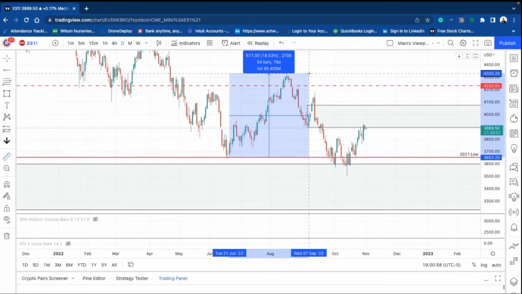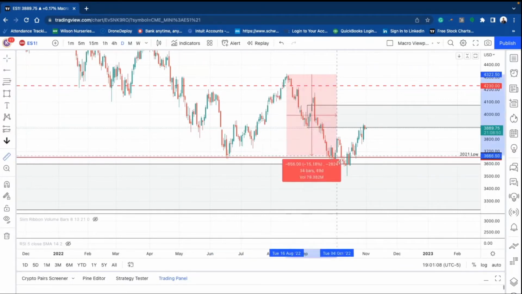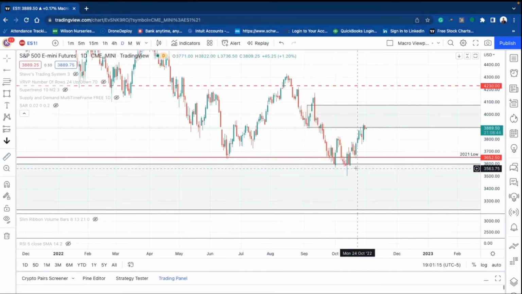So that definitely killed a lot of late shorters, and longers who were buying this rip eventually got smacked back down to the tune of almost a 20% down move. So giveth and taketh, right?